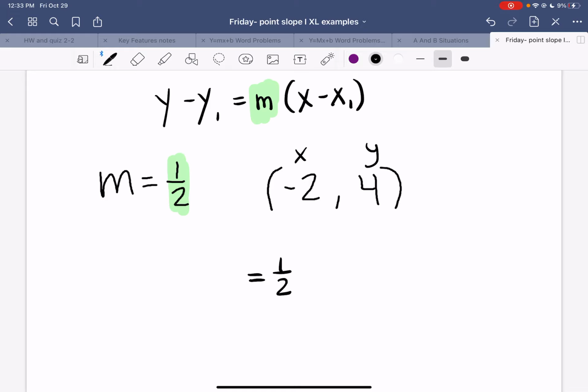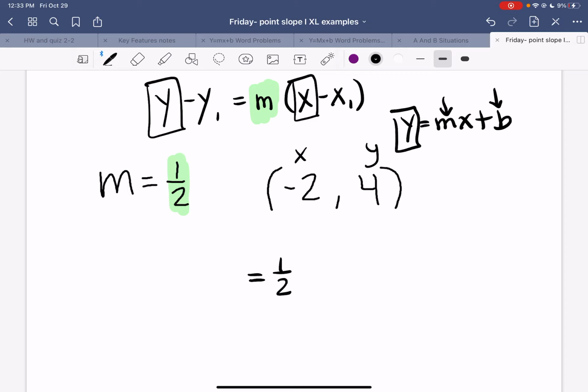And then in our equation, just like in y equals mx plus b, this guy and this guy are going to stay y and x. Just like in y equals mx plus b, the m and the b change, but the y and the x are just chilling. Okay?